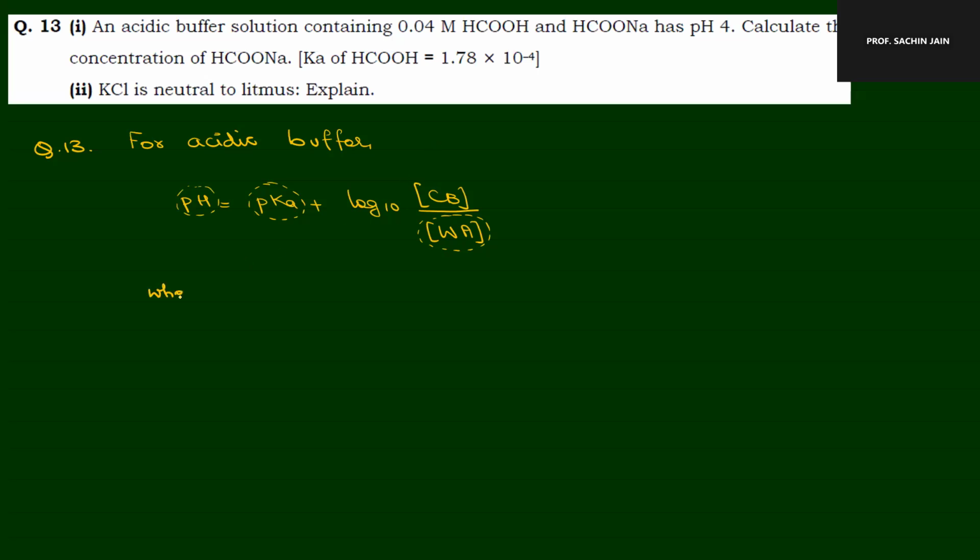So let me solve this, where pKa is equal to negative log of Ka to the base 10. Now if I ask the direct shortcut, what do you do after taking the negative log? Ka is given, so minus log Ka: 4 minus log of 1.78.